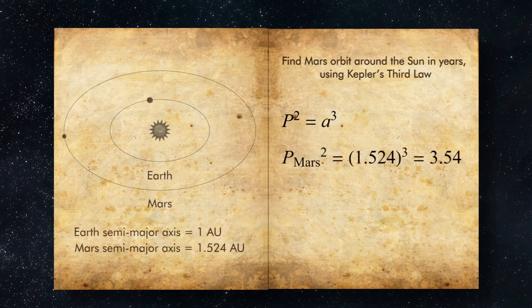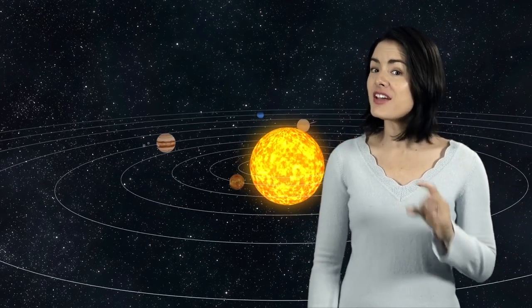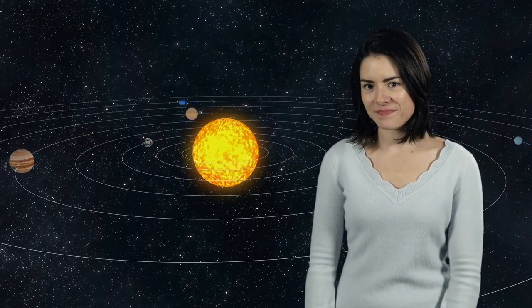The semi-major axis 1.524 AU cubed equals 3.54, and the square root of that gives us Mars' orbital period, 1.88 Earth years. Sure enough, Mars takes 687 Earth days to orbit the Sun, which is 1.88 Earth years. And this works for all of the planets in our solar system.